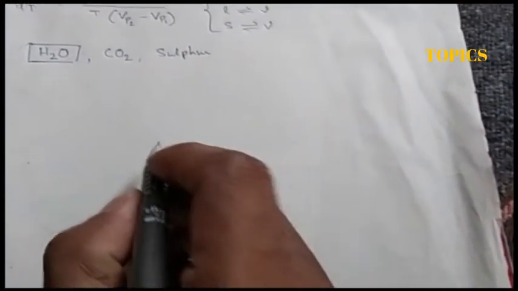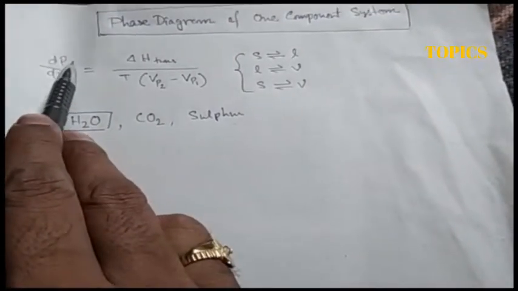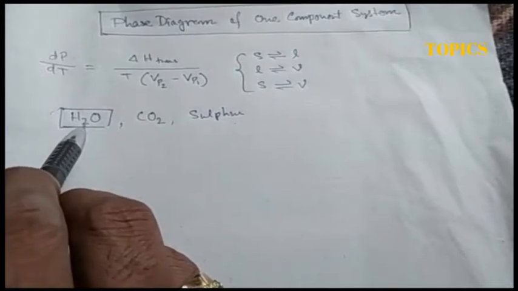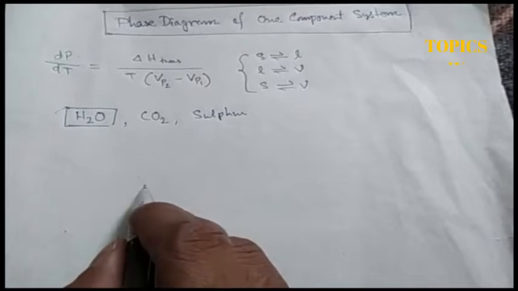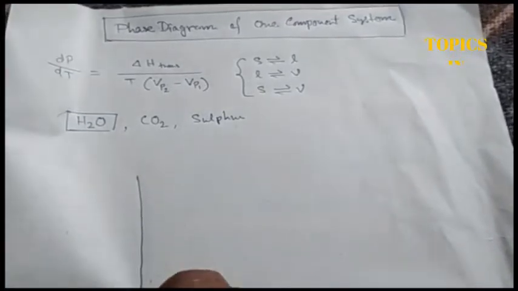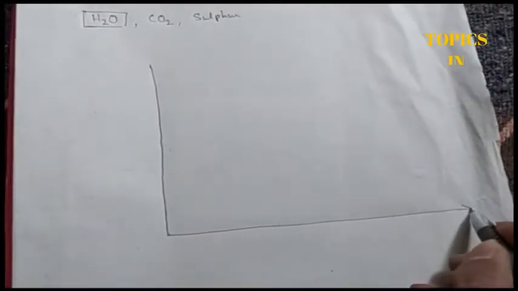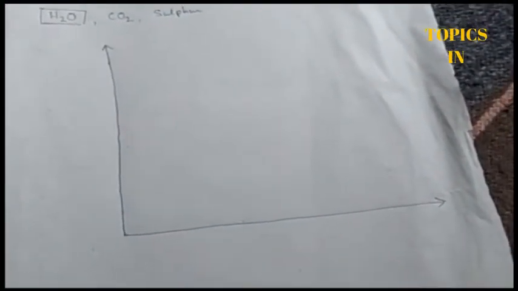As you can see here, there are two important variables, pressure and temperature. I will plot the phase diagram of H2O, and in that case you have to mention two axes, one is the y-axis and another is the x-axis.